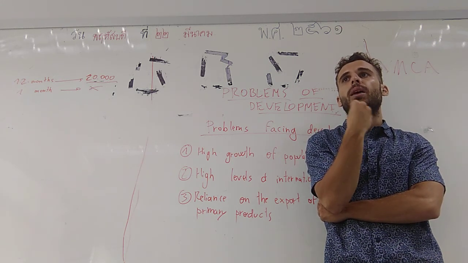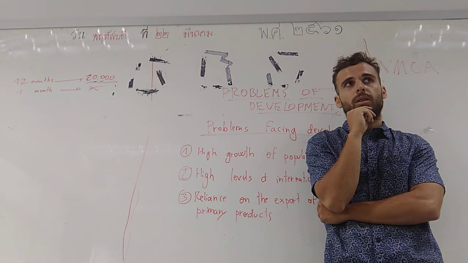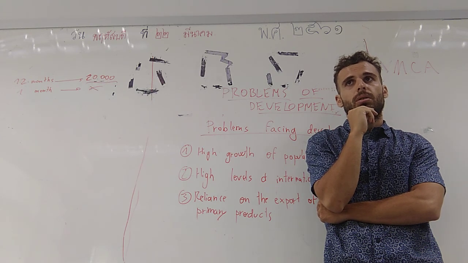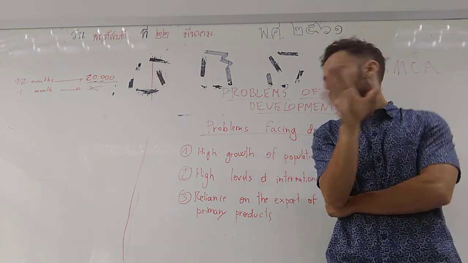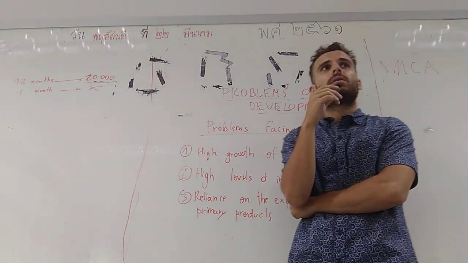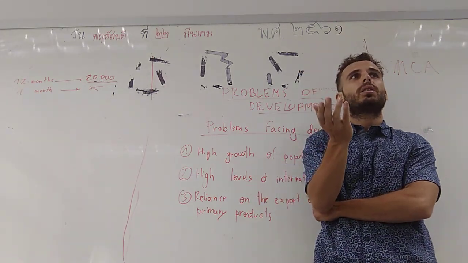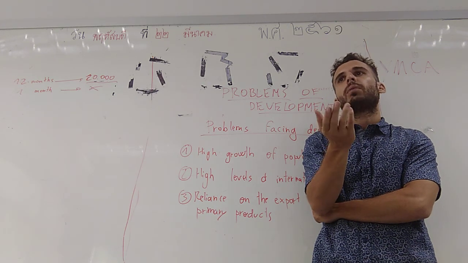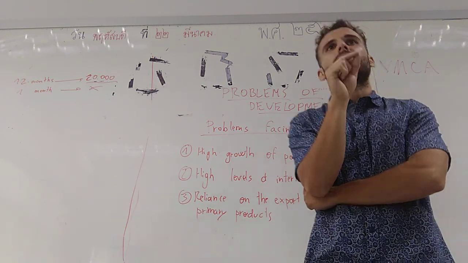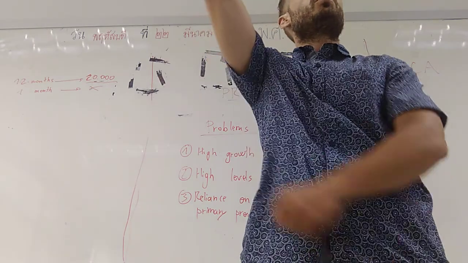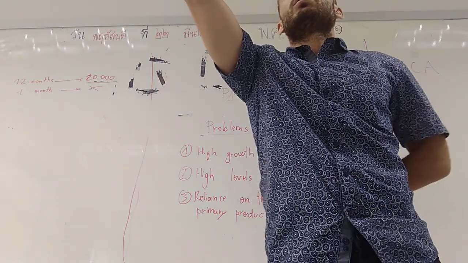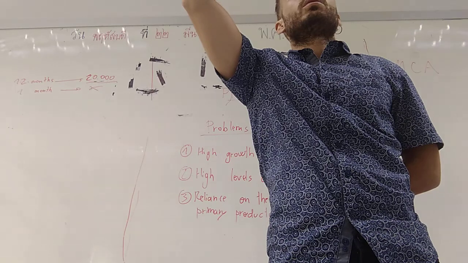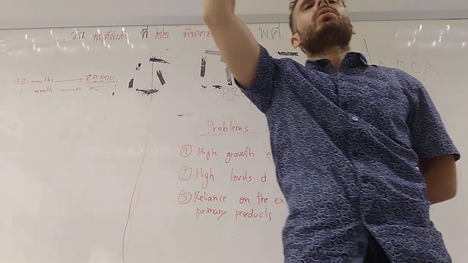Manufactured products or primary products? Okay, what are primary products? Examples of primary products? No, that's not primary. What is the primary sector in the economy? There are three sectors. What is the primary one? No, three sectors. Come on.